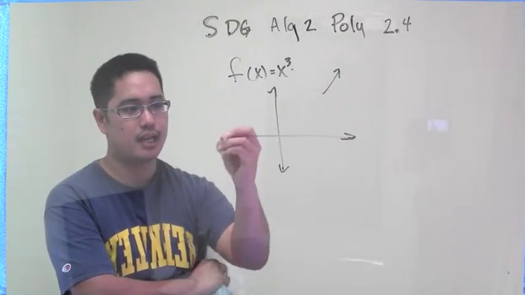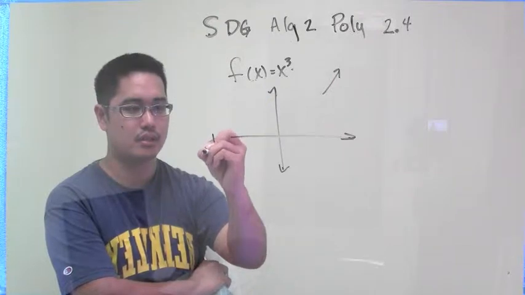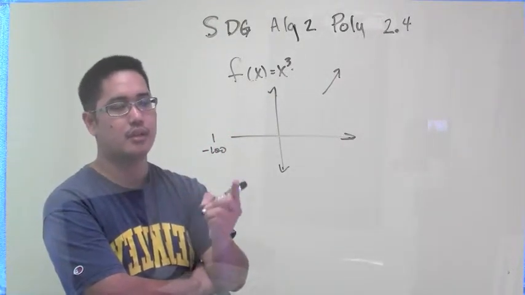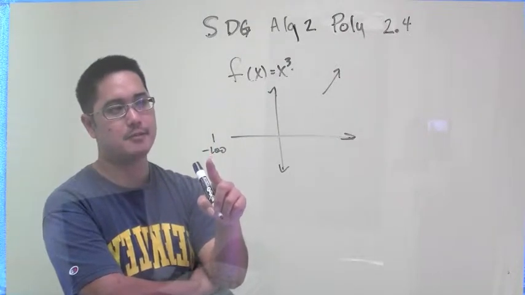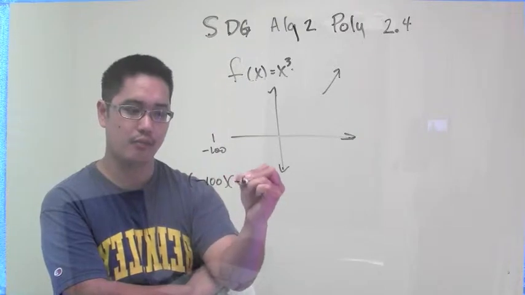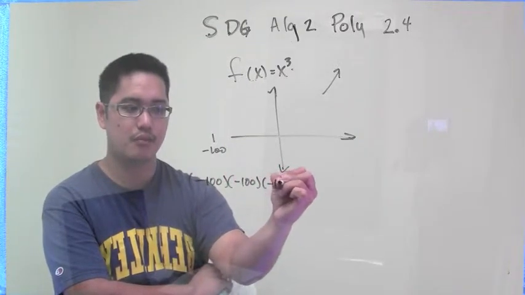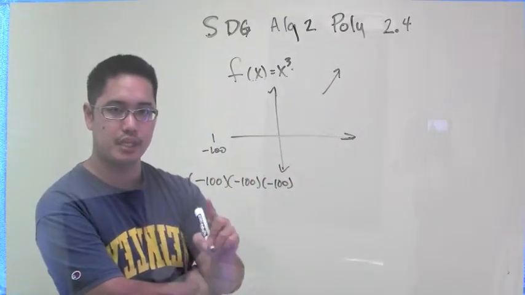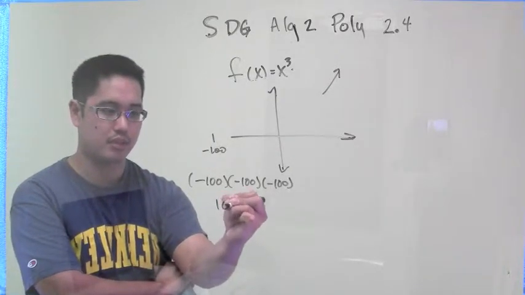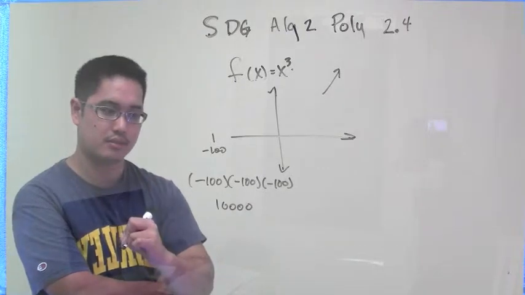All right, now let's plug in x equals negative 100. What is that graph going to look like? Well, x equals negative 100 would be negative 100 times negative 100 times negative 100. If I have a negative times a negative, that makes a positive. So this is positive 10,000.